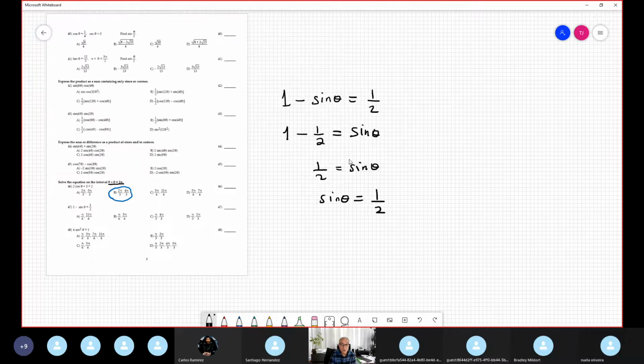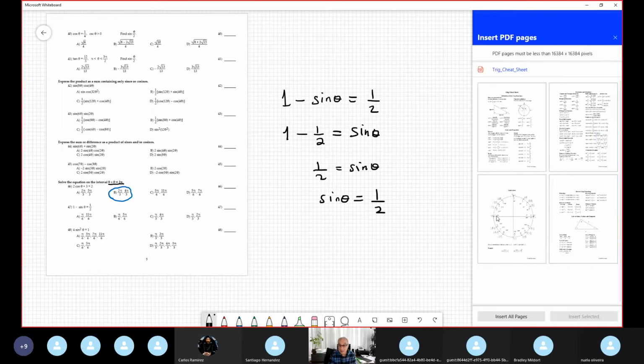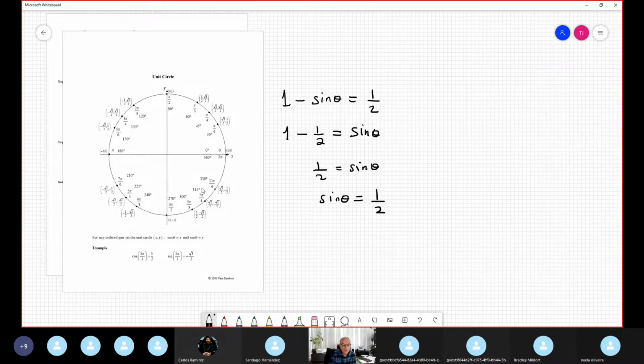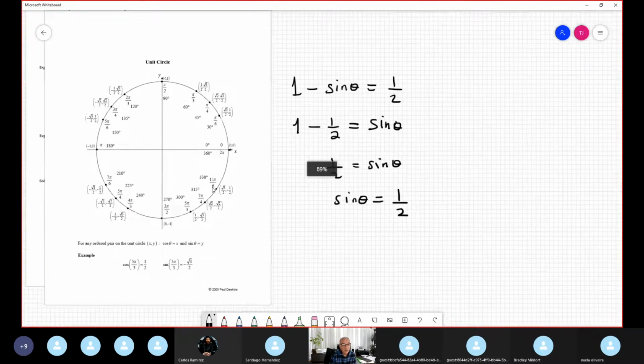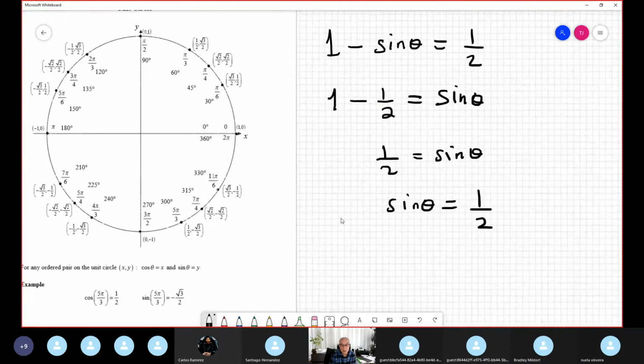For you. You know, the terminology easy or hard is relative. Now, remember, sine is the second component. So it's pi over 6 on the unit circle. I said pi over 6 because sine is the second coordinate, right? Yeah, you're right.